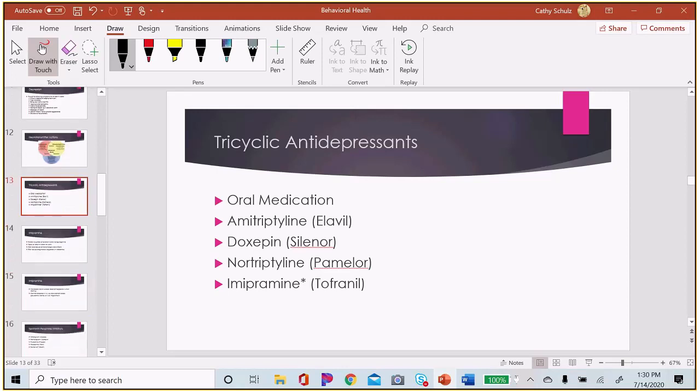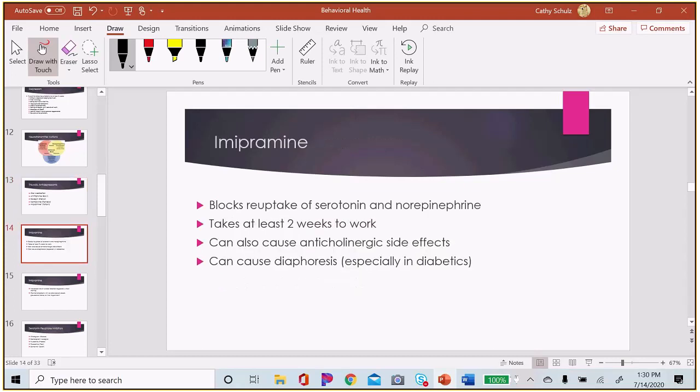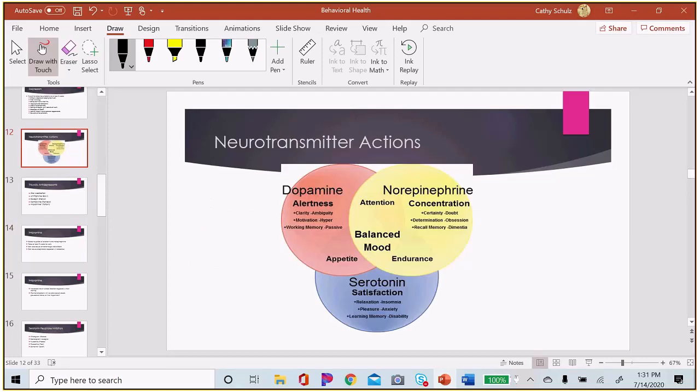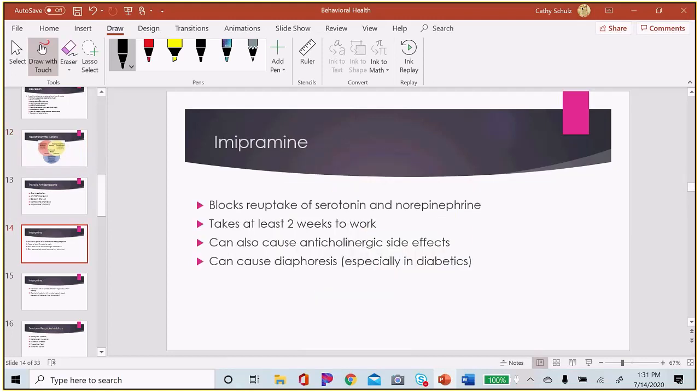So is doxepin, so you might see these medications used for other things, but they are antidepressants. They're called tricyclic because their chemical structure has three circles in it. What they're supposed to do is affect serotonin and norepinephrine at the same time.